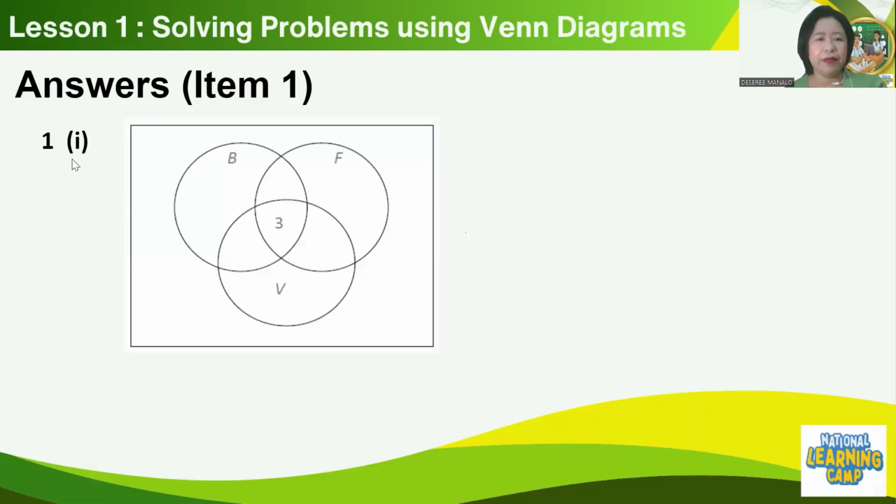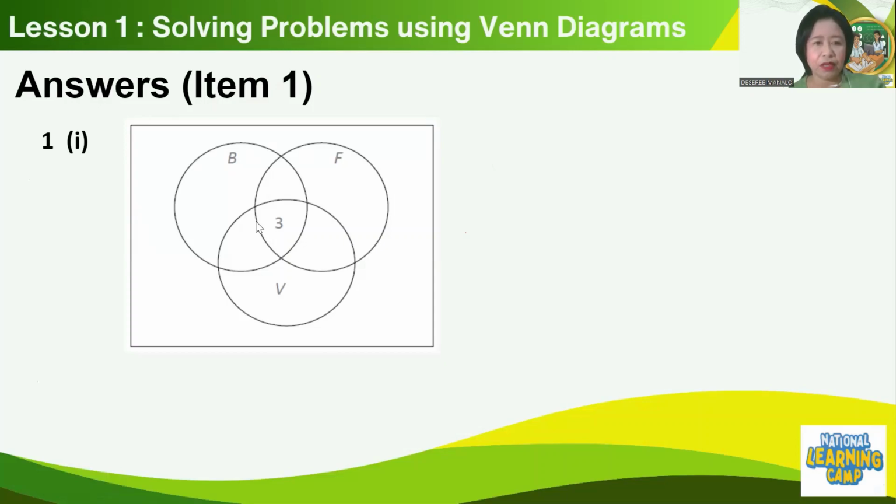Okay. For the answer in 1I, since it is said, show on the diagram the given information that 3 students play all 3 sports.